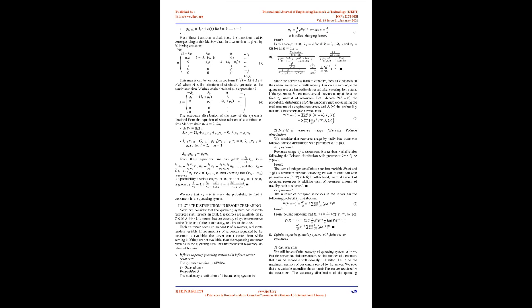Each customer needs an amount of resources, a discrete random variable. If the amount of resources requested by the customer is available, the server can allocate them while serving it. If they are not available, then the requesting customer remains in the queuing area until the requested resources are released for use.